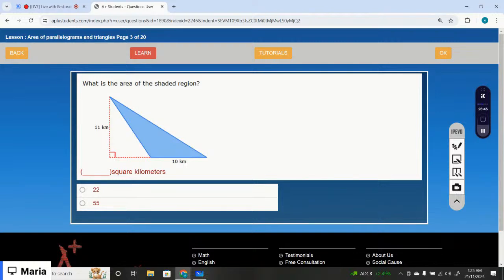What is the area of the shaded region? So which is the correct option? You have to do base times, that is a triangle. So area of the triangle is half times base times height.